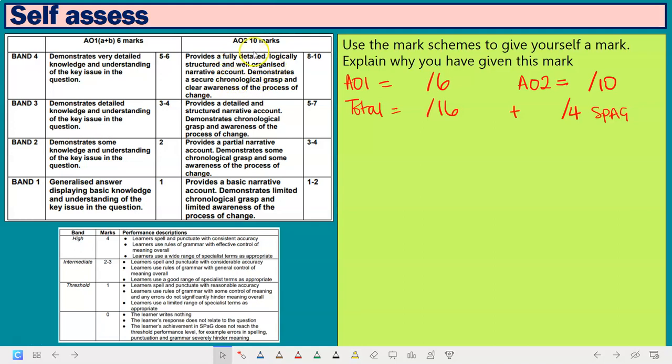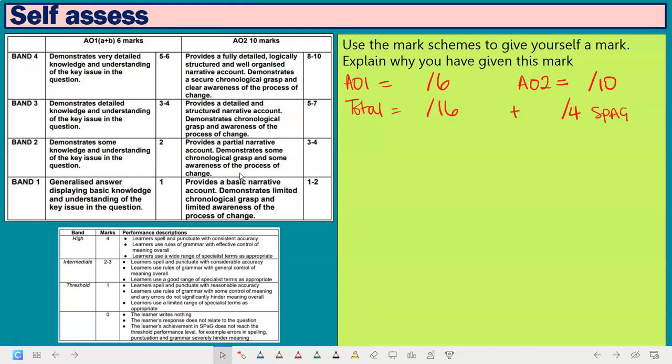If you then for AO2 have given, first of all, a chronological answer. If your answer is not chronological, then we can't get past band 2. So if in your analysis you have not been able to identify that you've gone medieval, early modern, 18th and 19th century, and then modern, it's not in chronological order.